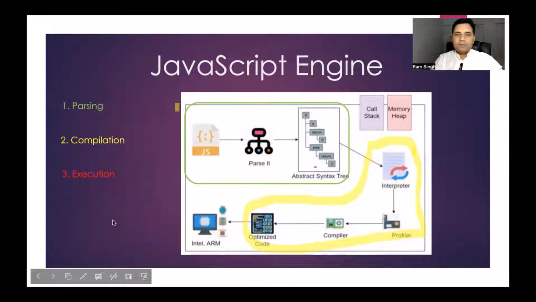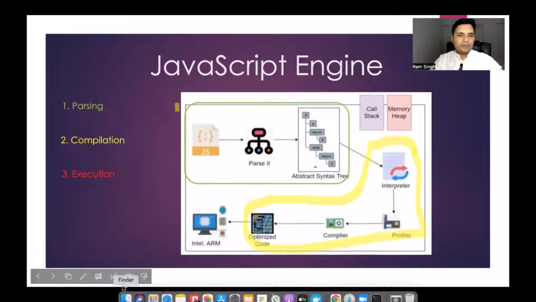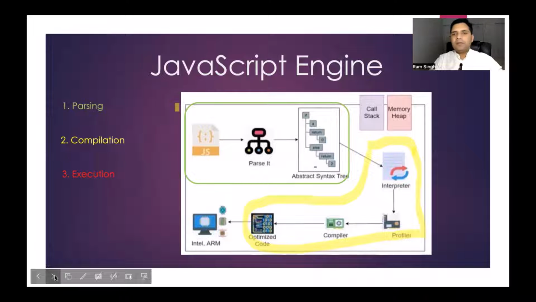These are the two points I covered in my previous video, and today I'm going to start with the third stage, which is the execution step. In execution, I'll be talking about the call stack, memory heap, and how your browser executes the code.